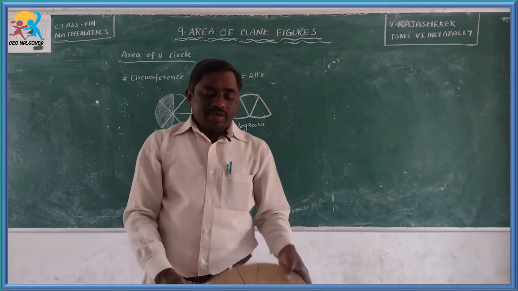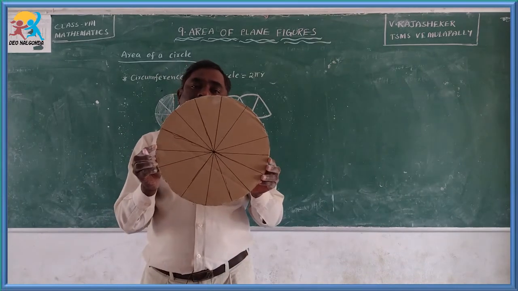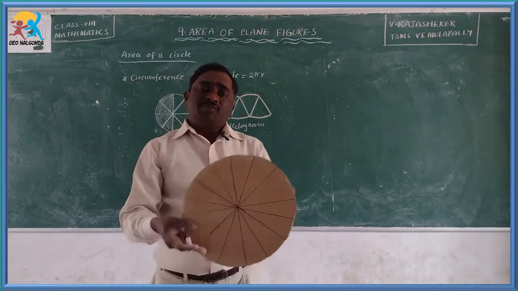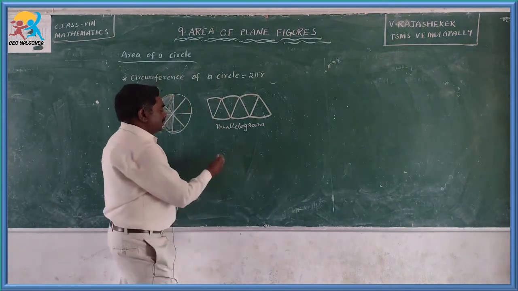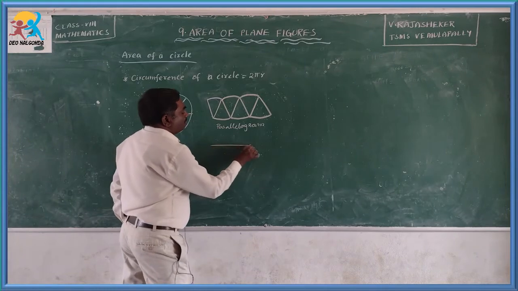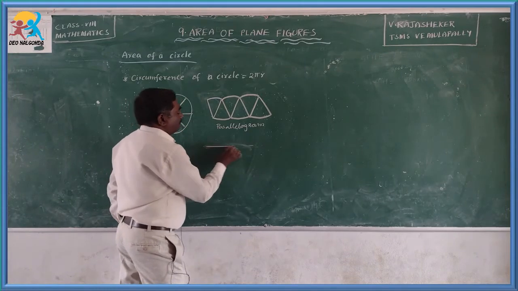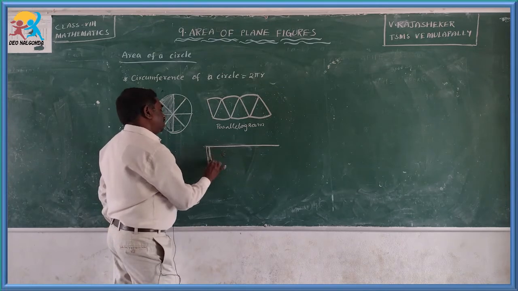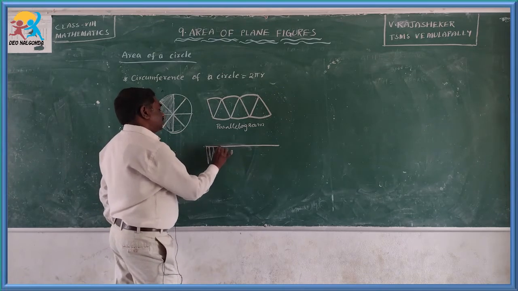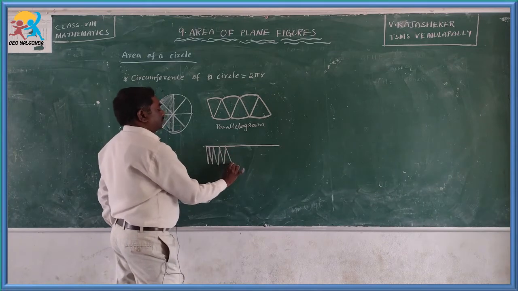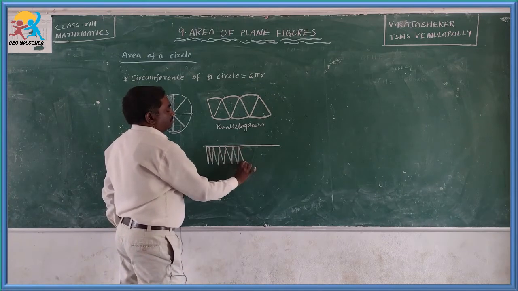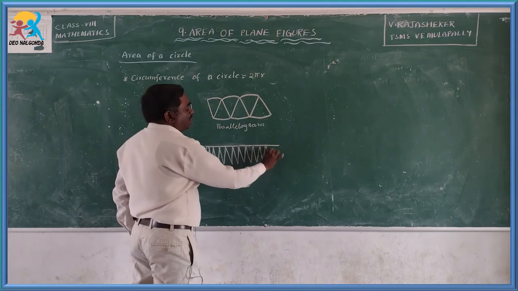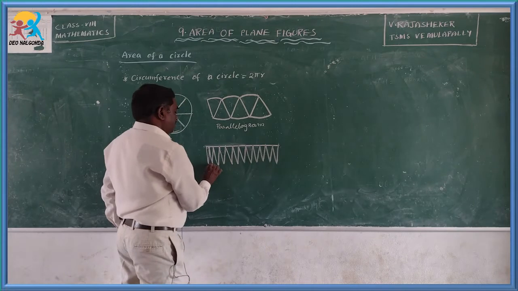Okay children, and if we make smaller parts, then the same parallelogram will be seen like this. So after arranging all such small parts, what do we get?